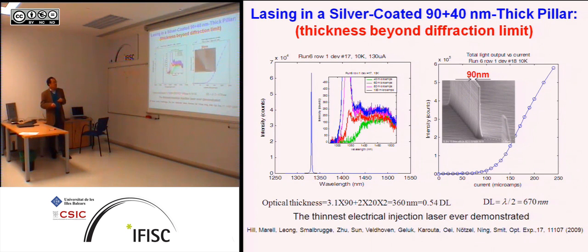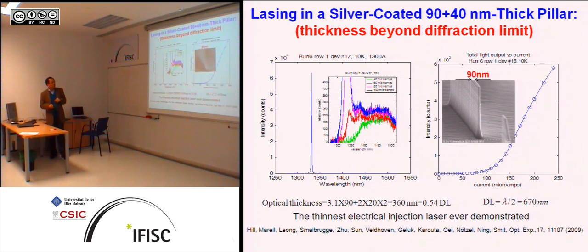You add those up and you get about 360 nanometers optical thickness. There's some slight metal penetration, but metal has a very low index, like point something, so you can almost ignore it, adding just a few nanometers of optical thickness.